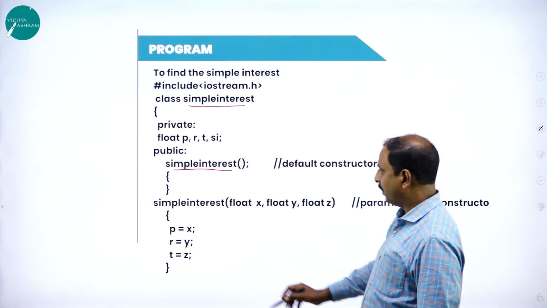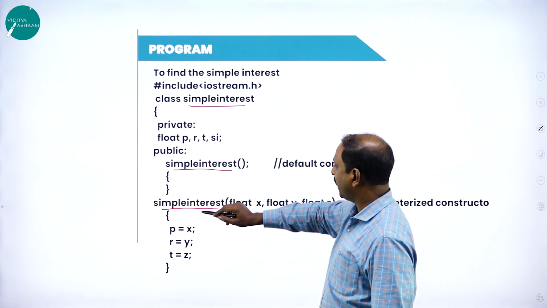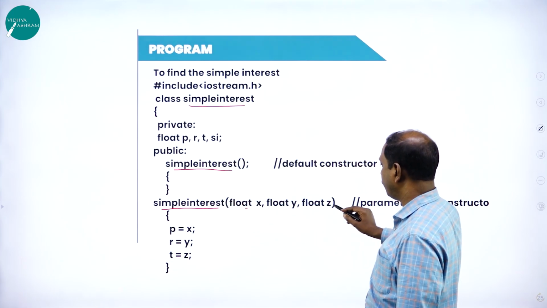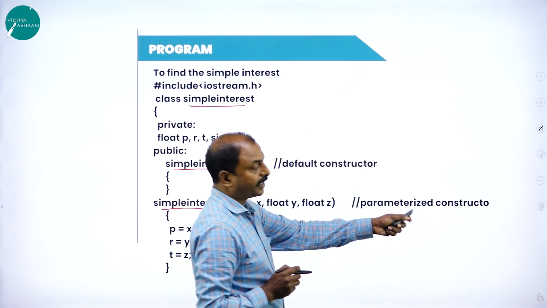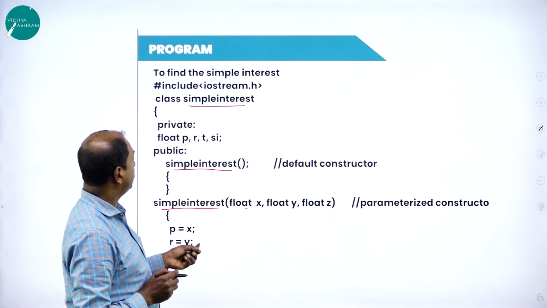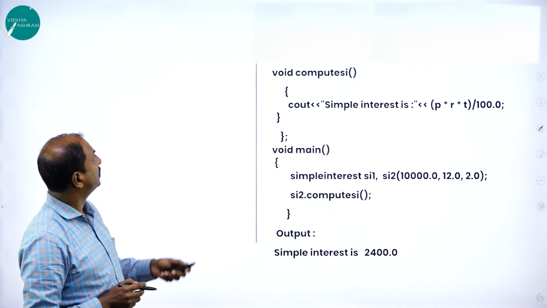Now look at one more constructor, with the same name as the class, and here there are three parameters. So this is the parameterized constructor. This is the default constructor, and the second one is the parameterized constructor.